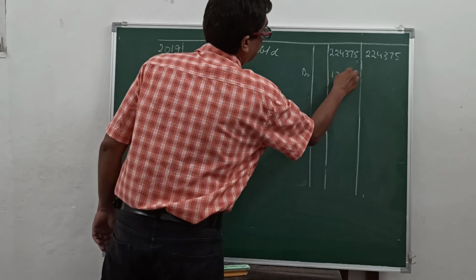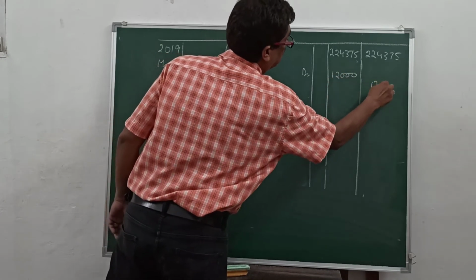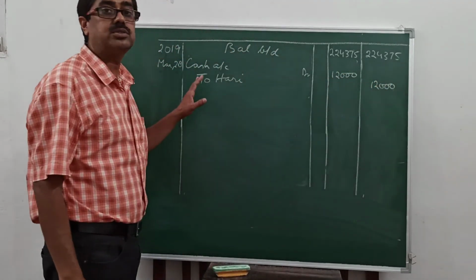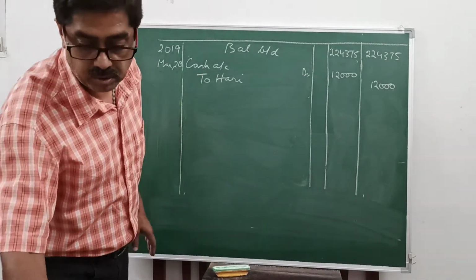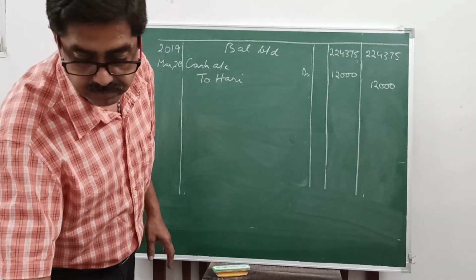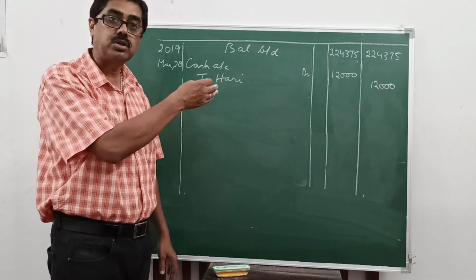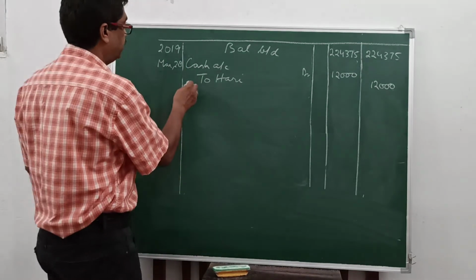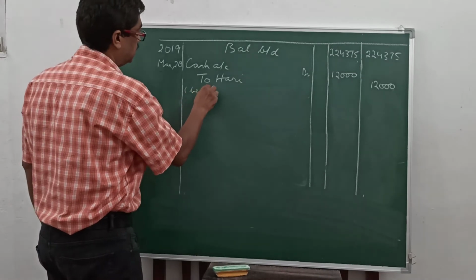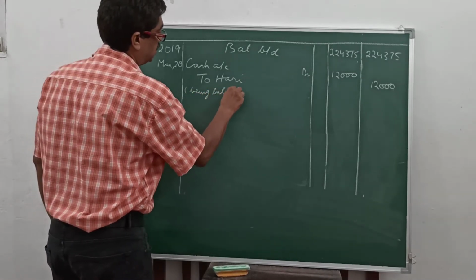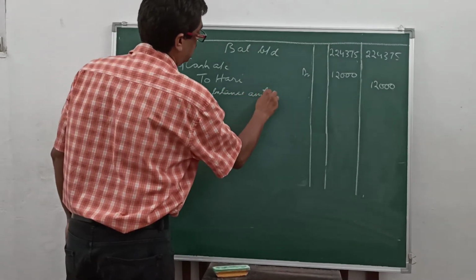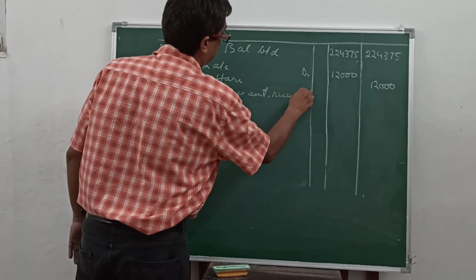With Hari we already had a transaction of 30,000. Of that we had received 18,000 on 14th, if you see. So already you received part amount, but the remaining balance is received now. So narration will be: being balance amount received. You write like this.